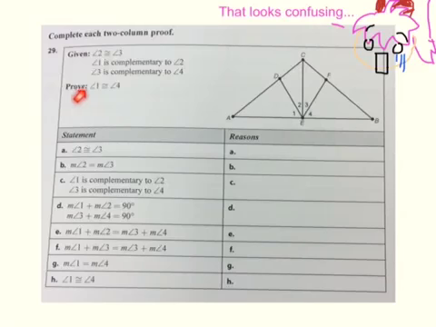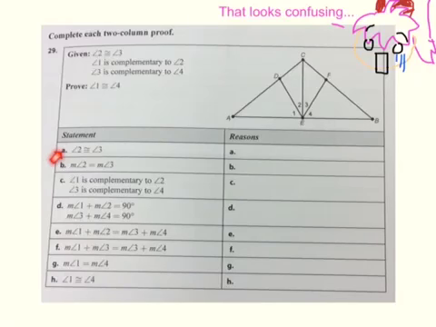And it wants us to prove that angle 1 is congruent to angle 4. So we have our statements on this side. We have to find the reasons on this side.